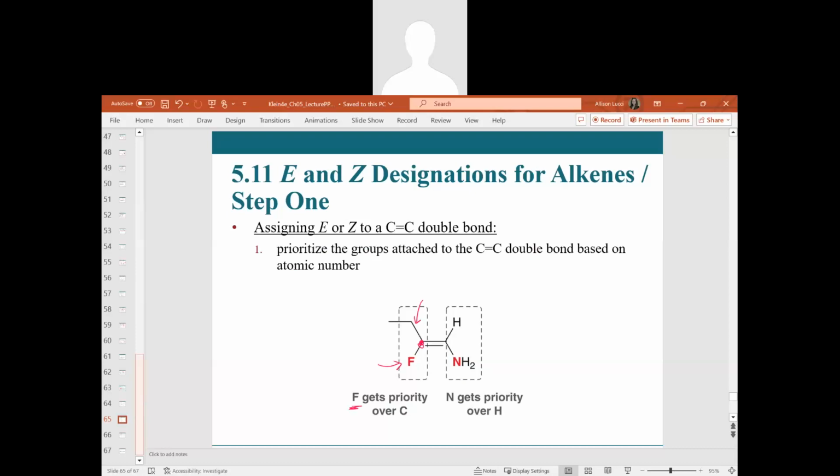And we know that fluorine gets higher priority due to its atomic weight. And then over here, nitrogen wins over hydrogen. So both of these are on the same plane. They are on the same side of our double bond.